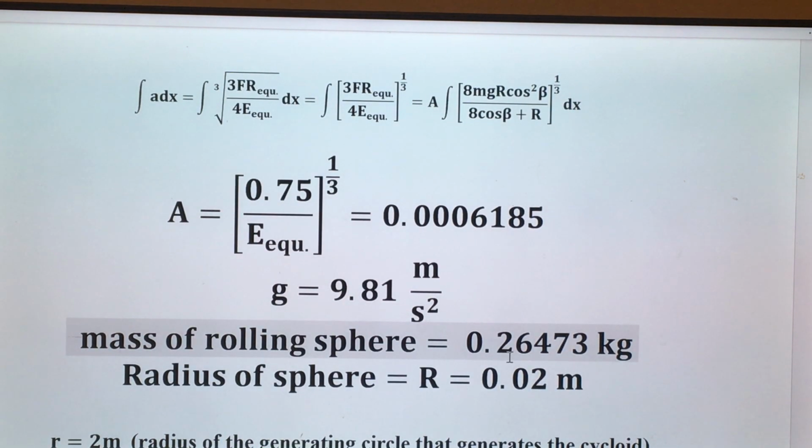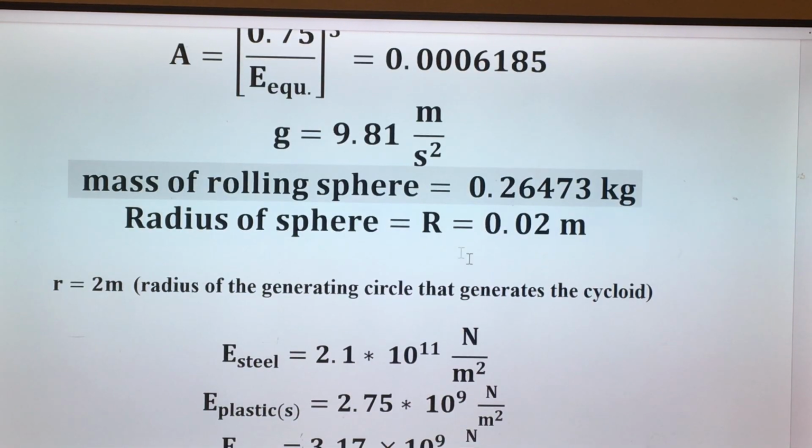Mass of rolling sphere. I have considered the rolling sphere made of steel and the surface of the cycloid of plastic. So just random values, but they make sense and they're real. A ball can be made out of these values. R is equal to 2 meters. This is the radius of the generating circle that generates the cycloid.